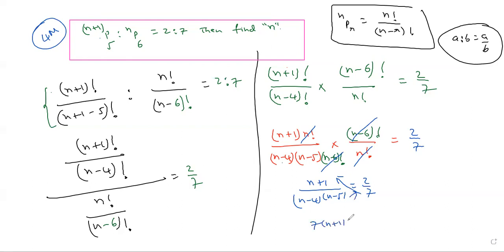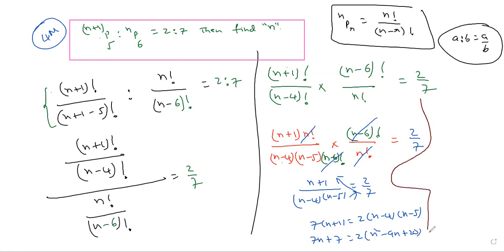7 into n plus 1 is equal to 2 into n minus 4 into n minus 5. 7n plus 7 is equal to 2 into expand n square minus 9n plus 20. So what you get here, 7n plus 7 is equal to 2n square minus 18n plus 40. Okay, so multiply with 2.